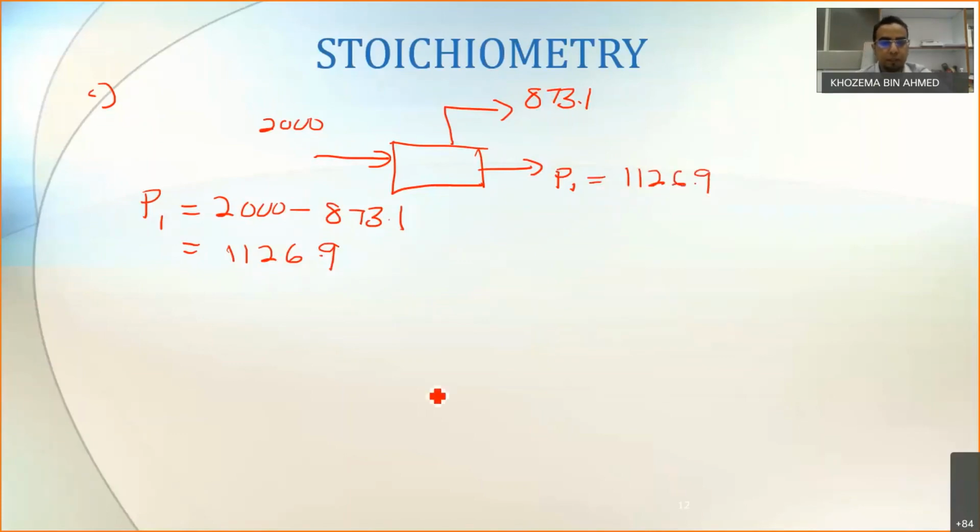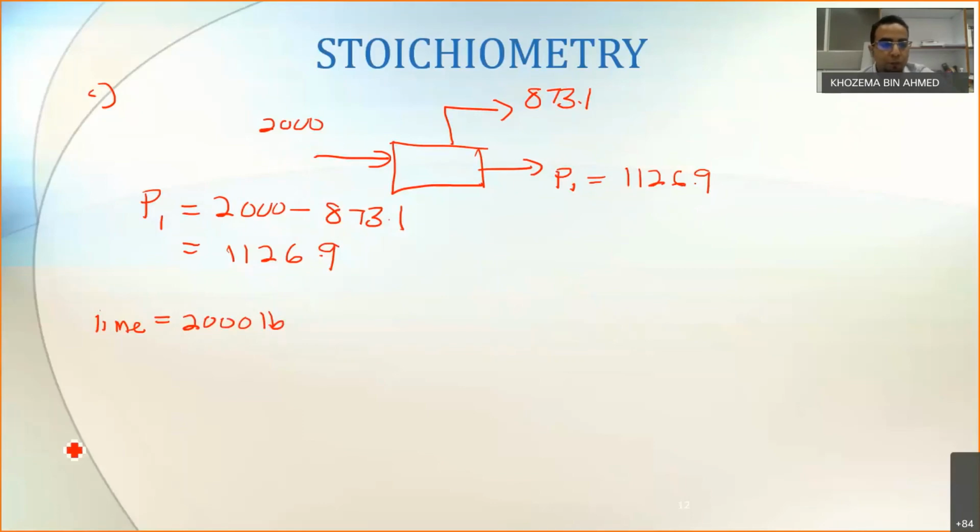So we know that our P1 is equal to 1126.9. The question is asking how much limestone is needed to produce 1 ton. So if we want to produce lime equal to 2000 pounds, how much limestone is needed? We know that if we have 2000 pounds of limestone, we can only get 1126.9 of lime.